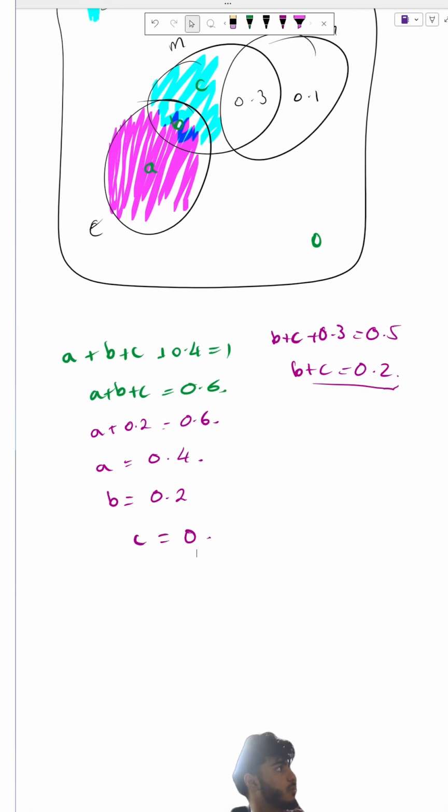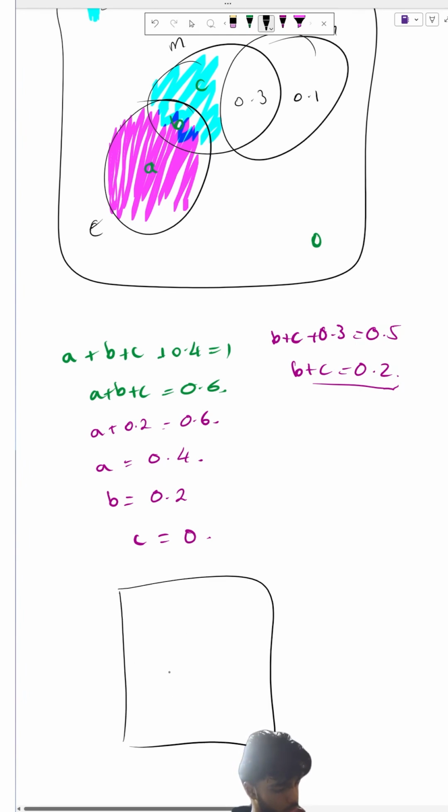Let me check out the answers. Yes. Okay, so our Venn diagram actually looks like so. This would be 0, that's 0.2, that's 0.3, that's 0.1, that's 0.4.